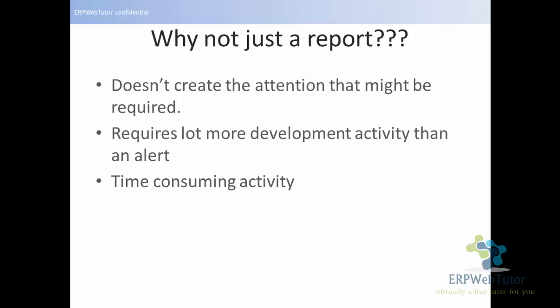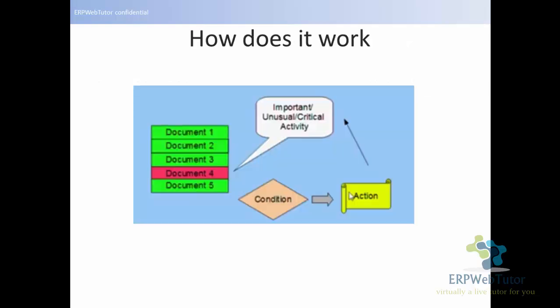So instead of a report, an alert is more useful in this kind of thing. Also, going through the report could be a time-consuming activity. That's why I would recommend that for tracking these kinds of events, an alert is a better solution than a report.